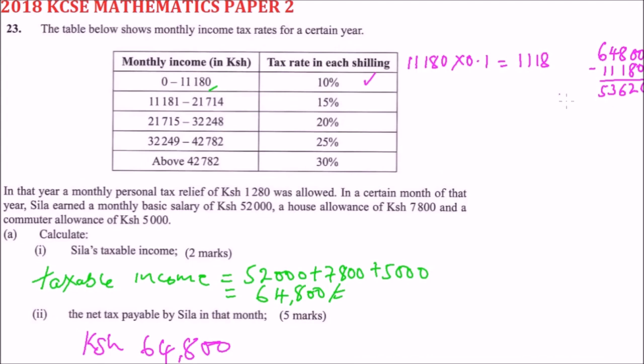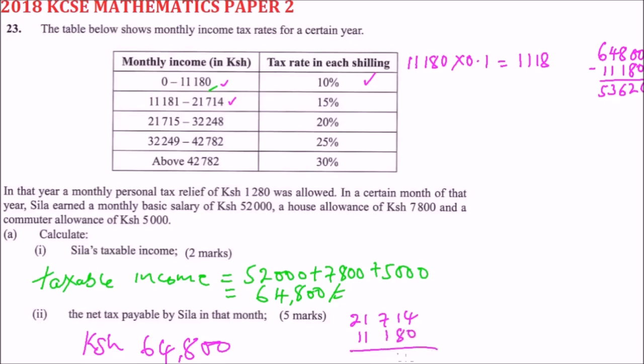If you subtract this amount from this one, that is 21,714, we subtract 11,100.